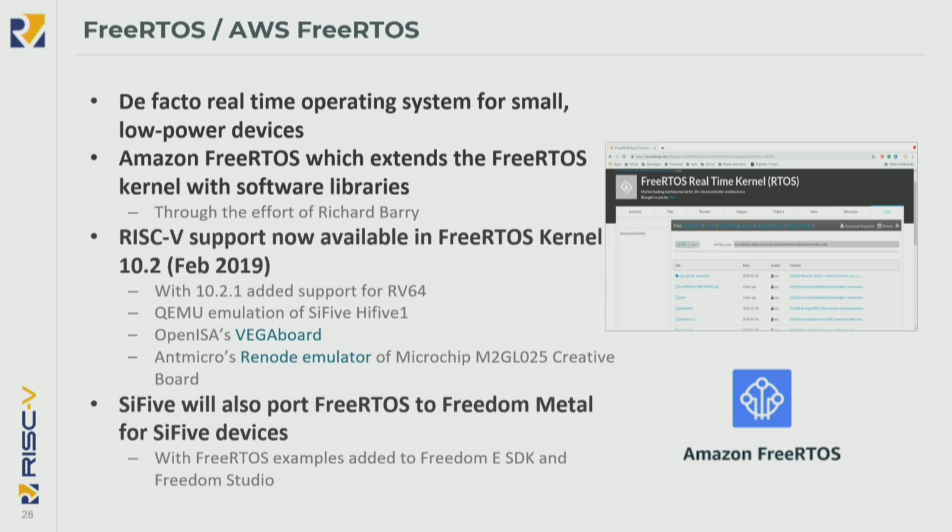All that has been supported since early this year through the work of Richard Barry himself. SiFive is currently in the process of porting the FreeRTOS kernel onto its open source Freedom Metal library to support all of its SiFive devices.